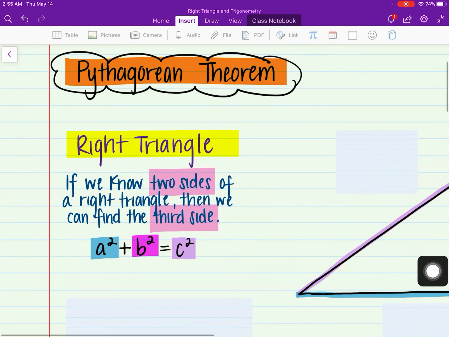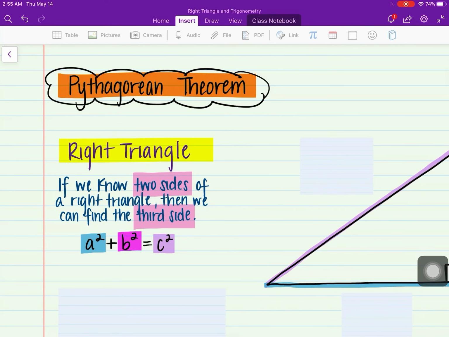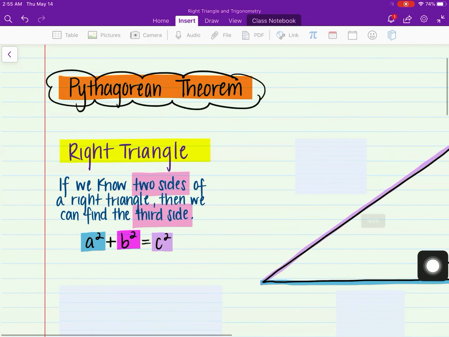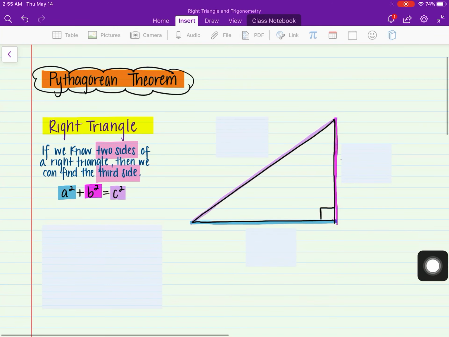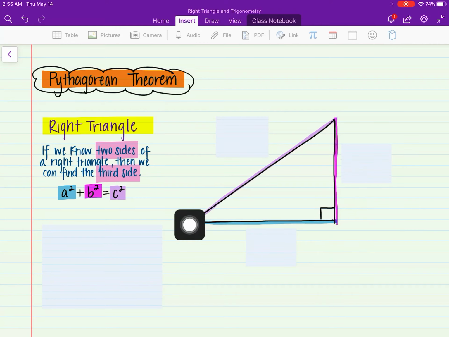Now, based on this formula is how we can determine which side can be A, which can be B, and which can be C. Now, the most important one out of all of those three is our C. Now, C in this case represents the hypotenuse. So I have my right triangle. Whenever you're doing Pythagorean theorem, it is a right triangle.